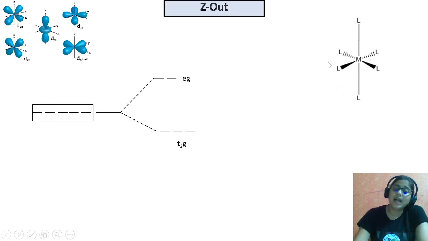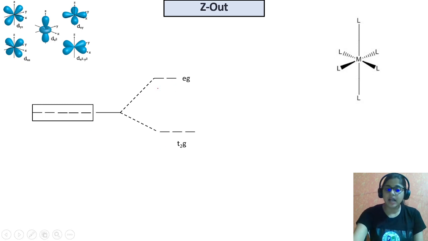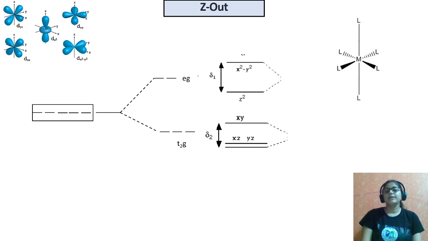Now coming to the previous thing we were reading, the T2G and EG orbital splitting. For the case of Z out, what will be the splitting?